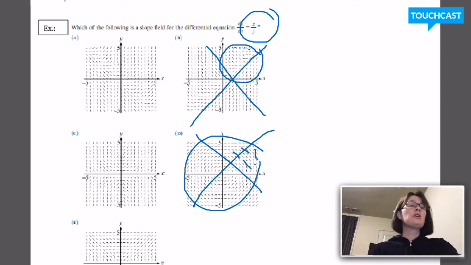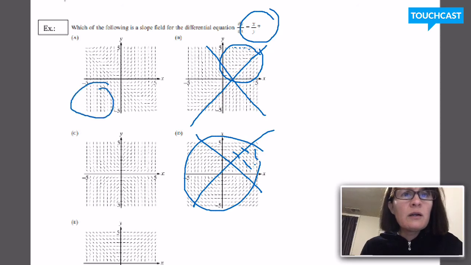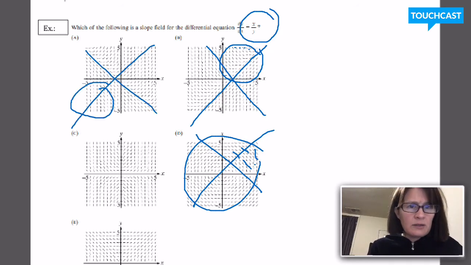No. Okay. So I'm expecting that when x and y are both negative, I'll have a negative over a negative, so I'll have a positive result. So I'm expecting in quadrant 3, where x and y are both negative, positive slope pieces only. There's some negative ones there. So that's not my answer choice.